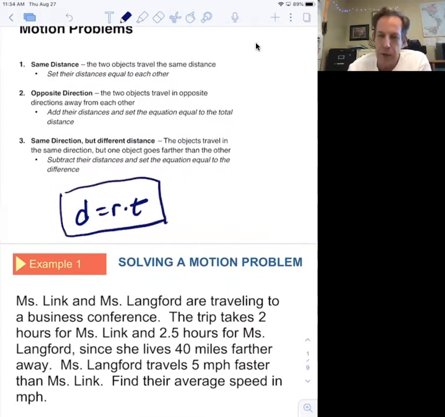What's going to happen is we want to express the distance that each person travels as their rate times their time. Even if we know the total distance that they go, which a lot of times we don't, in order to compare the two distances or to get an equation that we can solve, we need to express each of the distances as the rate times their time.